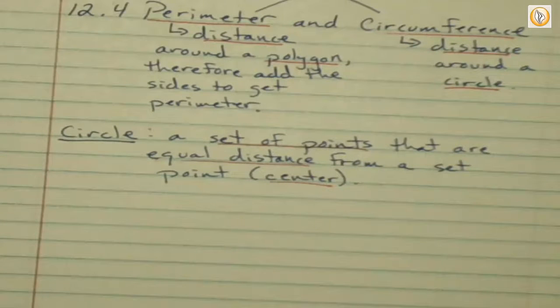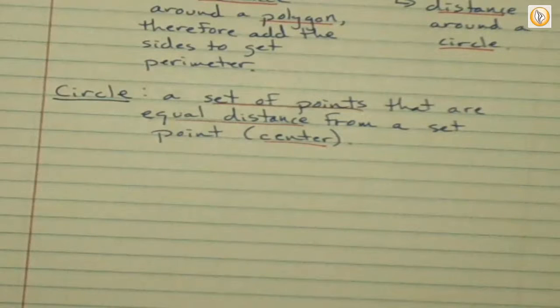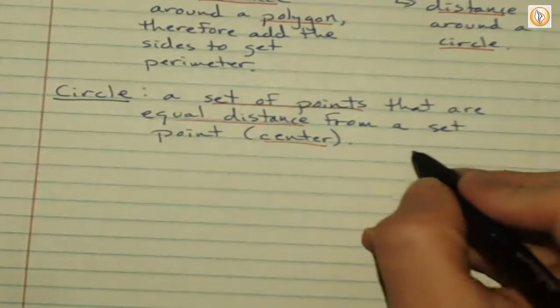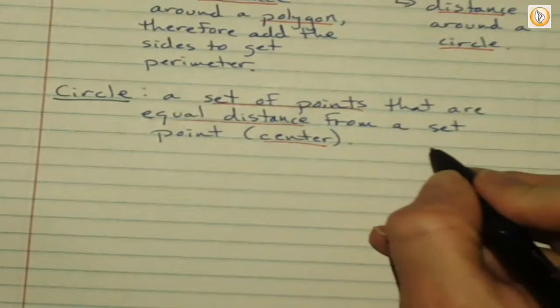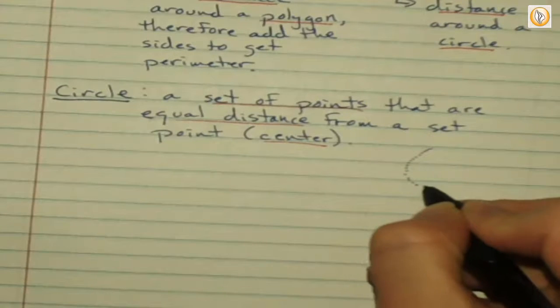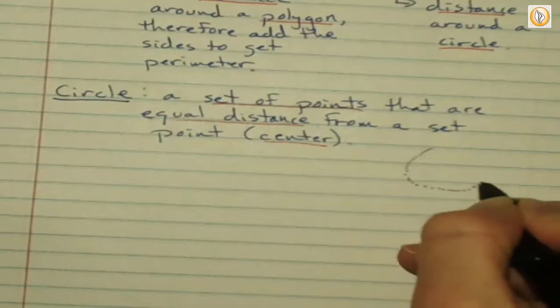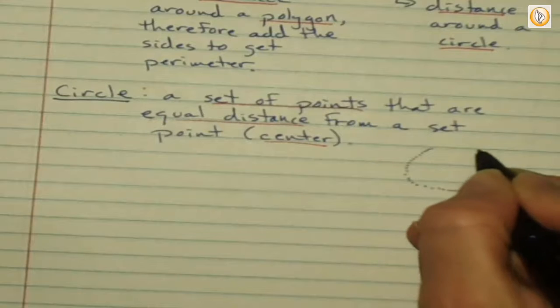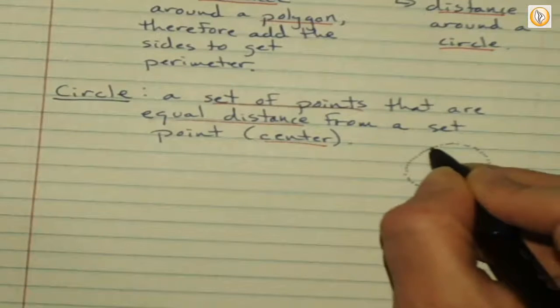So, all right. What they're referring to here is, and I know this isn't going to look perfect. Let's say I have, a circle is like a million little dots, set of points.